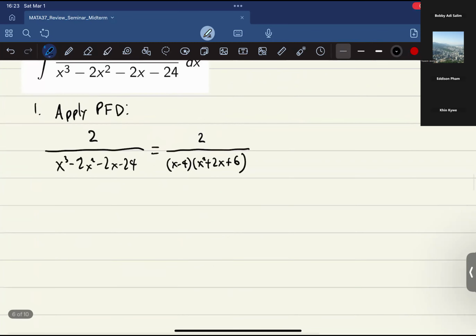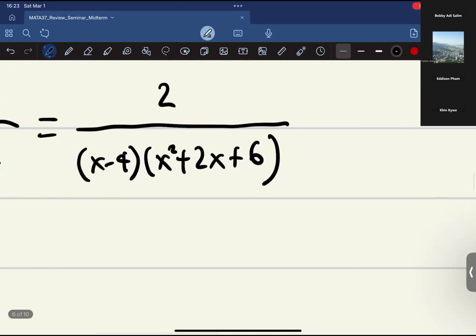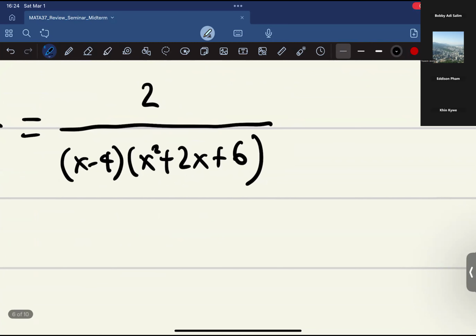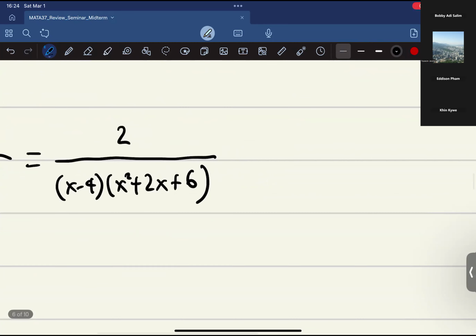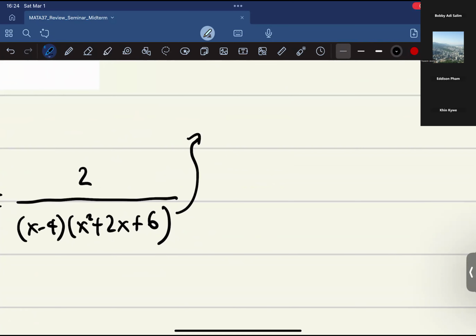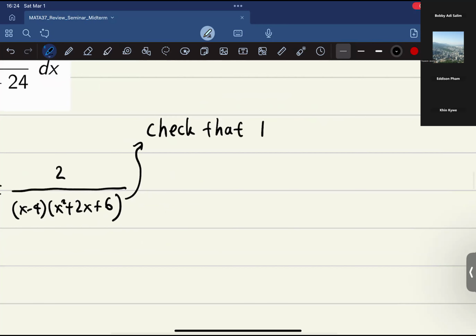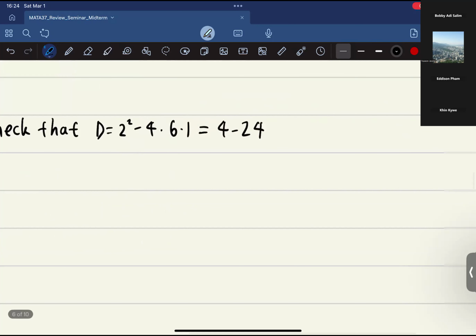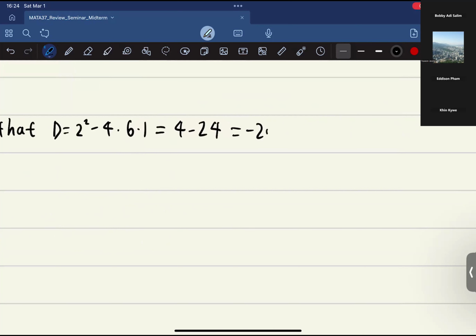And here, the quadratic term, x squared plus 2x plus 6, has a negative discriminant. So we can check that the discriminant equals b squared minus 4ac, so 2 squared minus 4 times 6 times 1, which is 4 minus 24, which is negative.